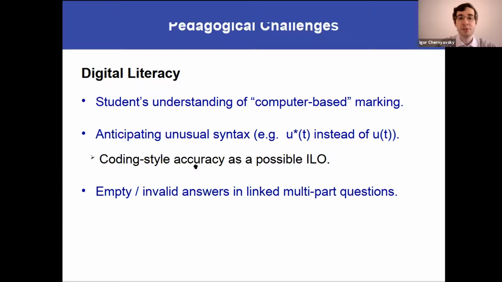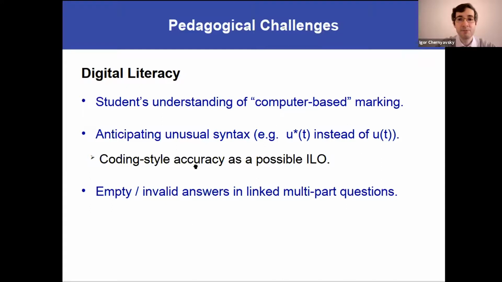It requires some attention and managing expectations, particularly when students are experienced with other marking systems like Blackboard, which are not as maths-oriented or as sophisticated. There, 100% or 0% for a correct or incorrect answer is often expected. So they don't necessarily appreciate the flexibility and the robustness of the assessment.